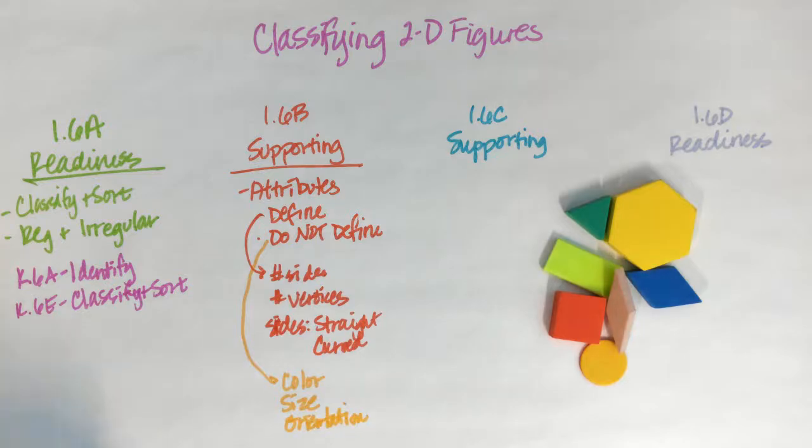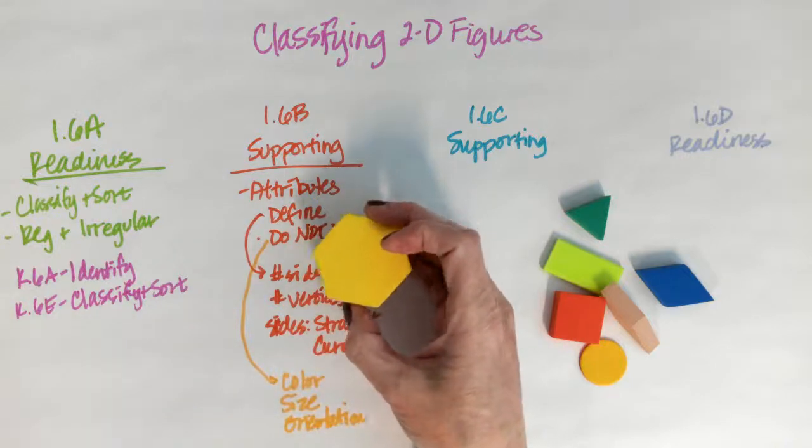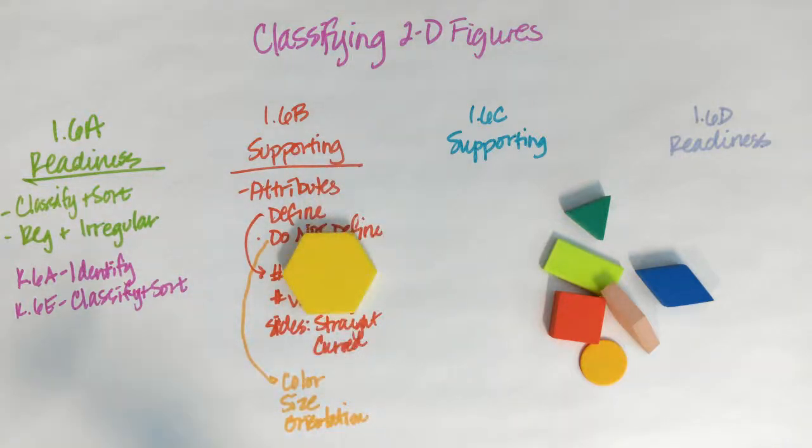Well, if I look at this hexagon, it is a hexagon whether it's blue, purple, yellow, green, polka dotted, striped, spotted, doesn't matter. If it's got 6 straight sides and it's a closed figure, it is a hexagon. So the color of it doesn't matter. I could show you a really big hexagon. I could show you a really small hexagon. The attributes that define it don't change based on its size.